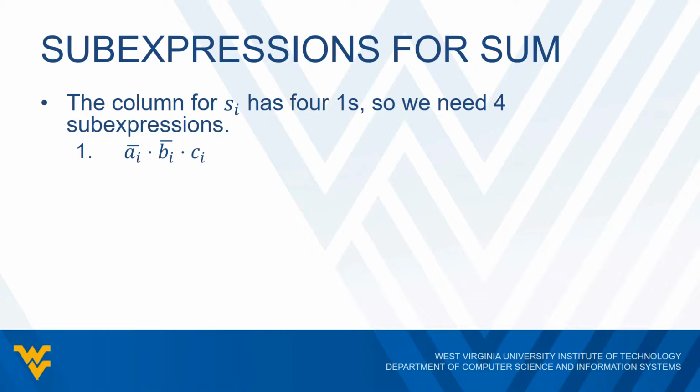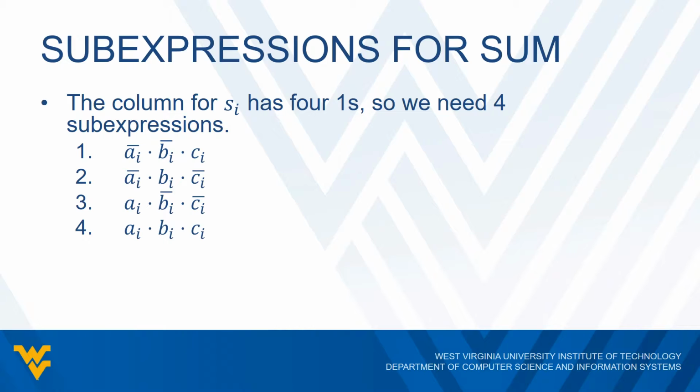We would get not AI and not BI and CI. We would have not AI and BI and not CI. We would have AI and not BI and not CI. It's easy to get your tongue tied up if you're not careful. And then we have AI and BI and CI.